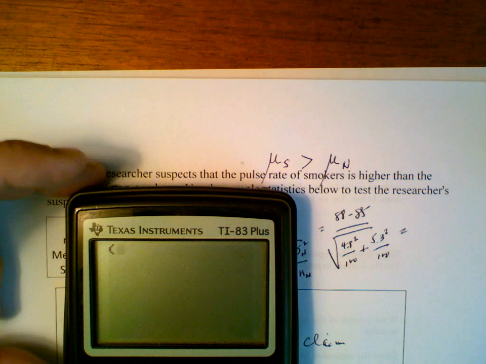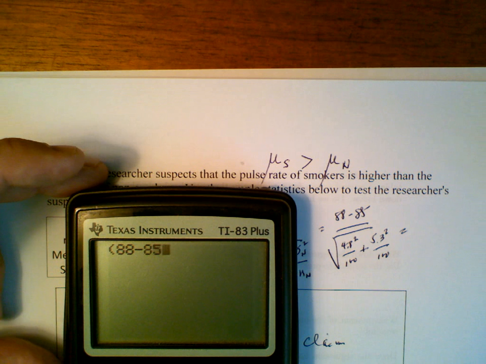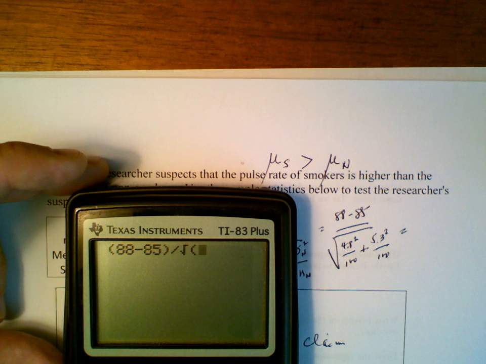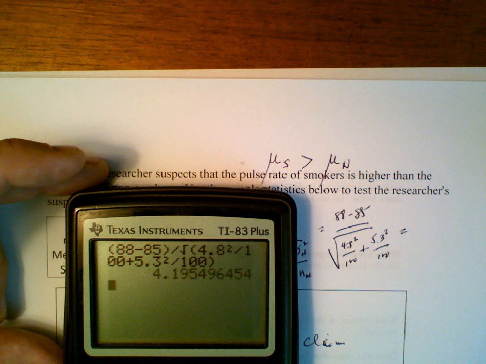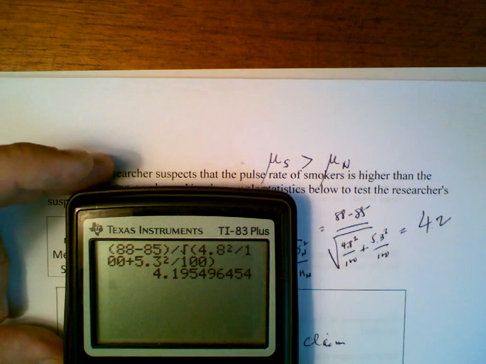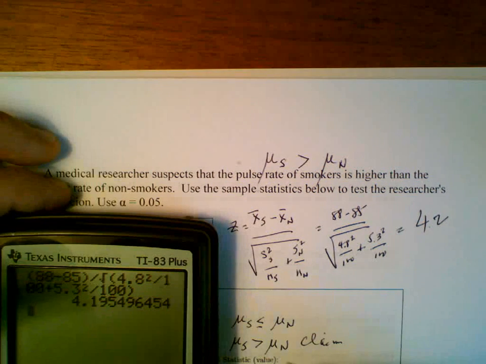Paren 88 minus 85 unparen divided by second square root 4.8 squared divided by 100 plus 5.3 squared divided by 100. Unparen, enter, 4.195, about 4.2, okay? Z is equal to 4.2.